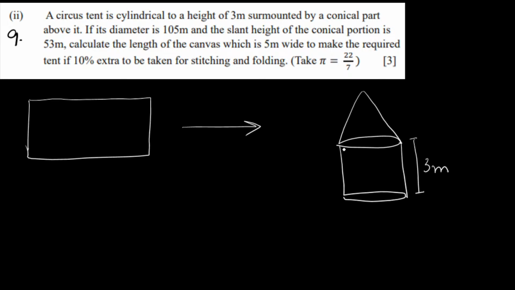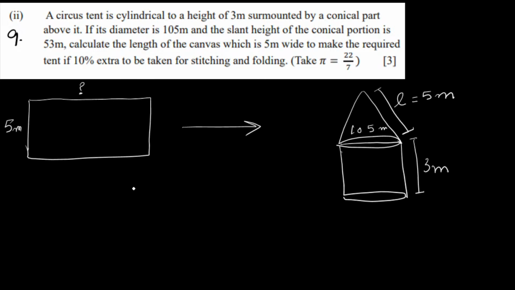The diameter of the cone is 105 meter, and the slant height, with small l, is 53 meter. And 5 meter is the width of the canvas; we have to find its length.